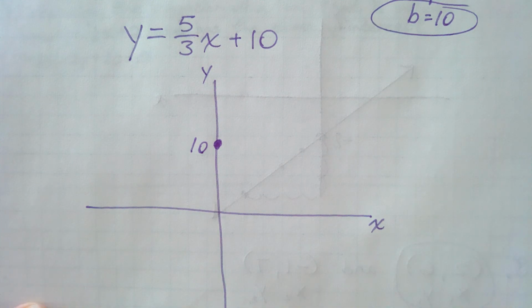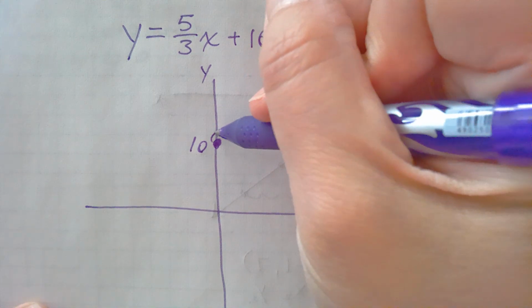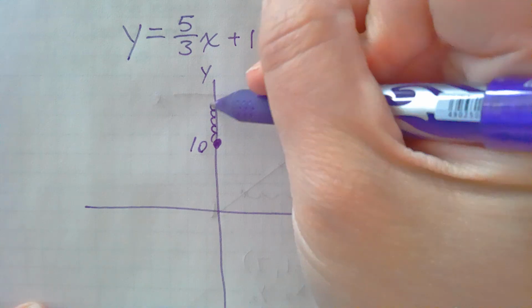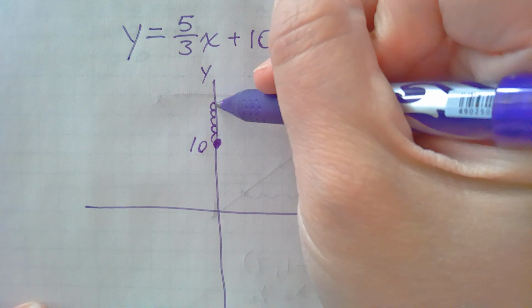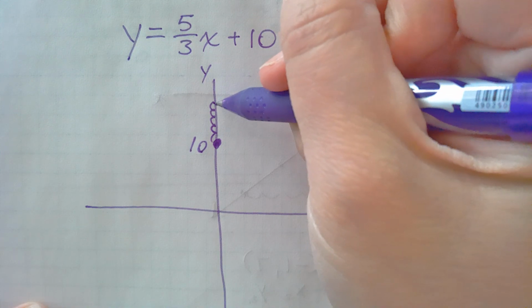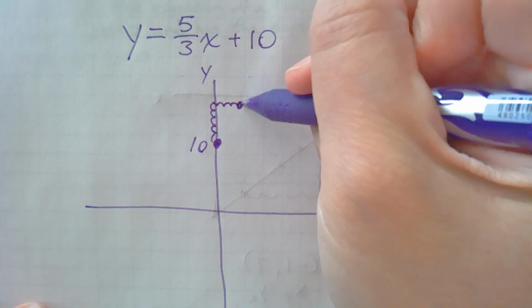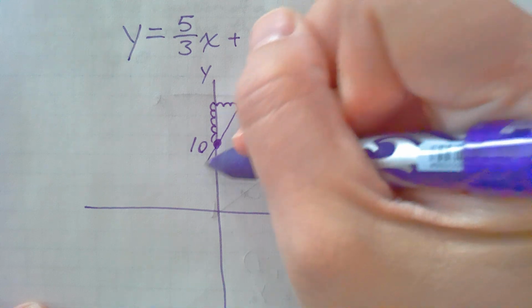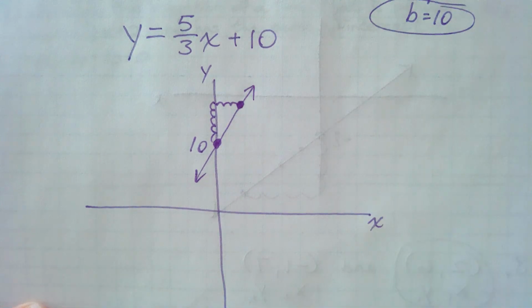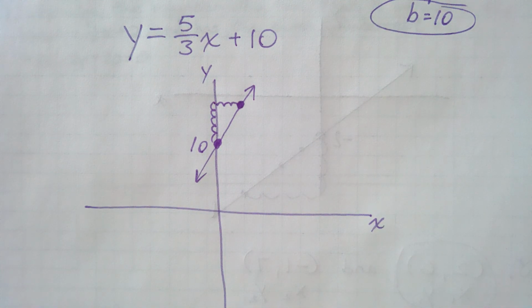And then from that point, you're gonna go up 5: 1, 2, 3, 4, 5. And you gotta go right how many? 3. 1, 2, 3. There we go. You want to plot your point and put your arrow. There you go. Perfect.